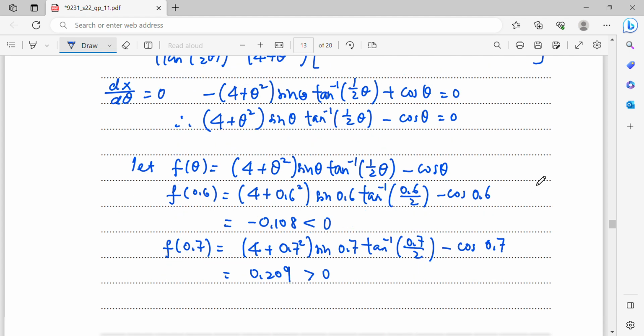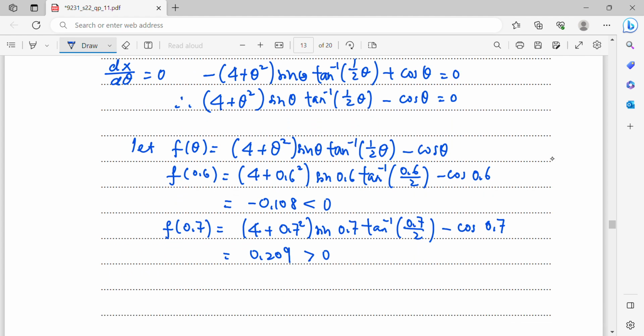So now according to the sign change rule, since you get one positive and one negative, there will be a root in between 0.6 and 0.7. So you just write f(0.6) less than 0 and f(0.7) greater than 0. There is a sign change.